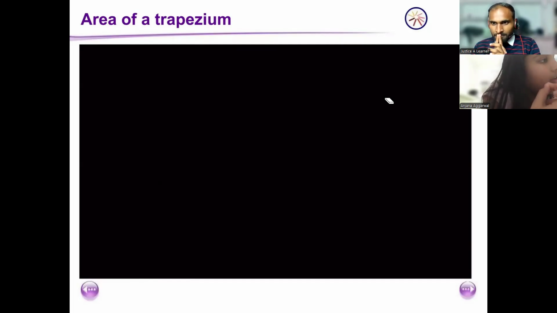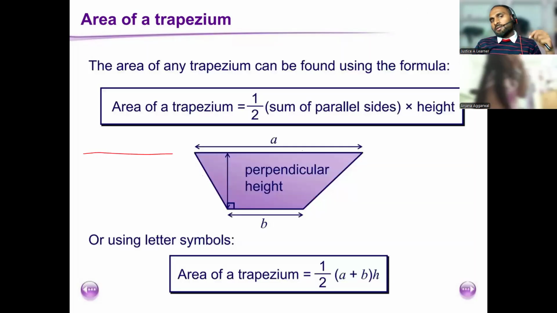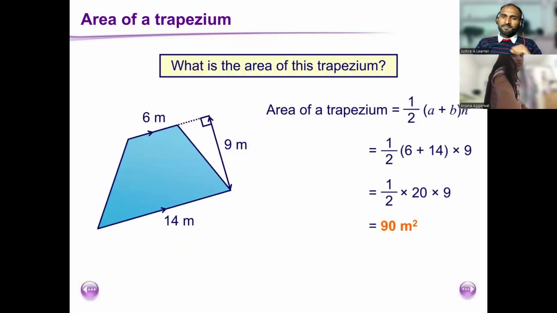LB. What is the area of a trapezium? There are two options. Half into base into height, and another is half into A plus B into height. Half into A plus B into height. True. Okay, lovely. Okay, done.